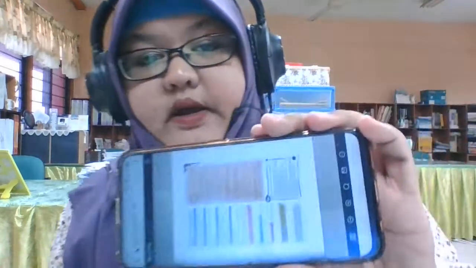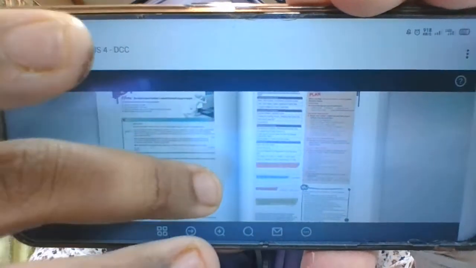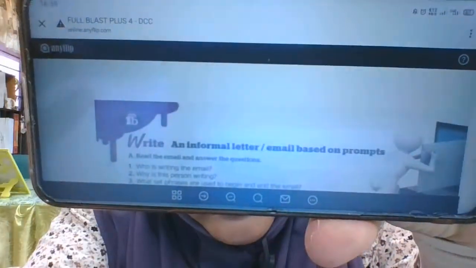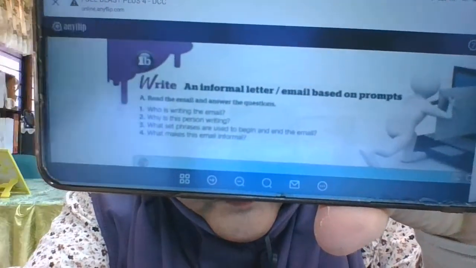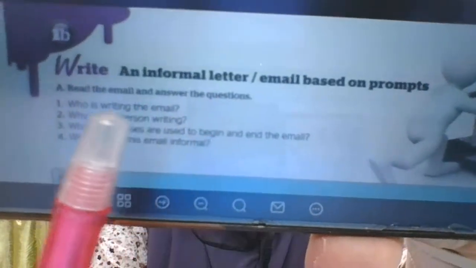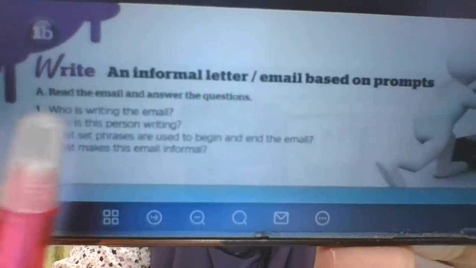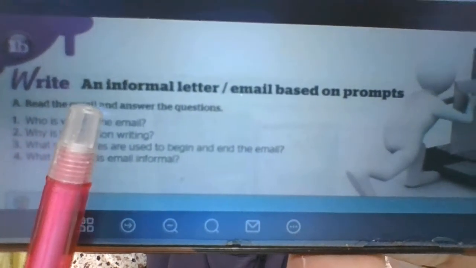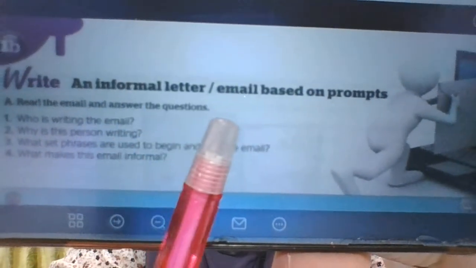So you need to look at the textbook, on activity A. This is what you need to do. You read and answer these 4 questions. Read the email and answer the questions.